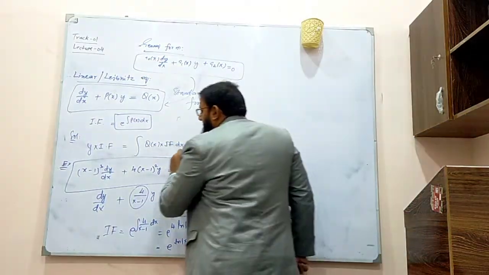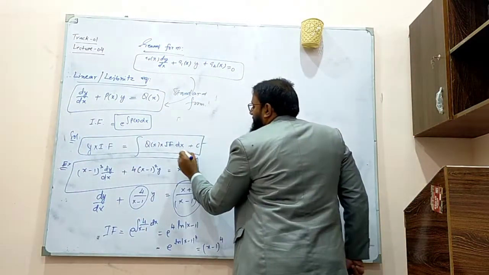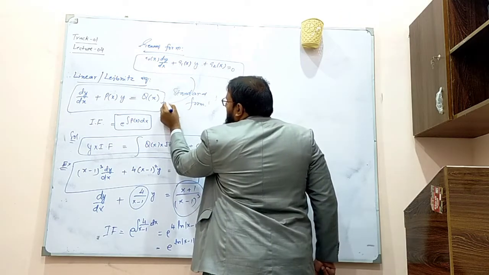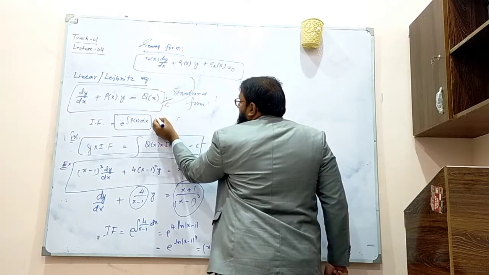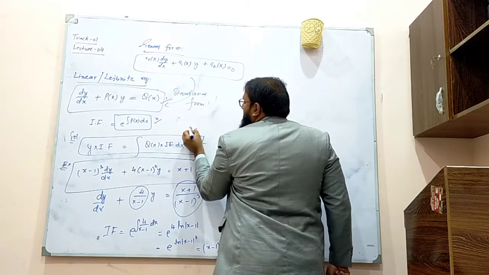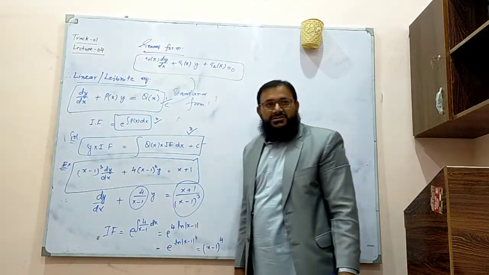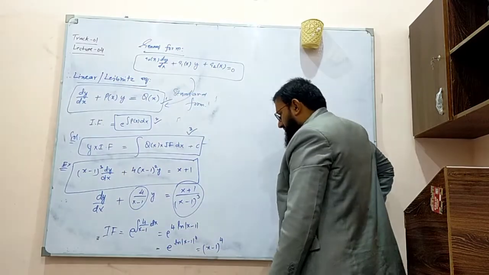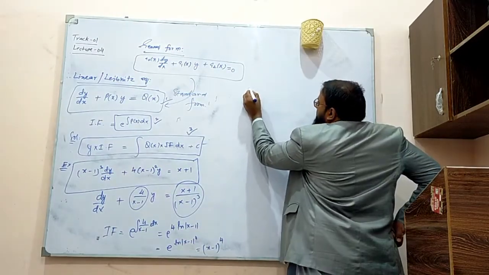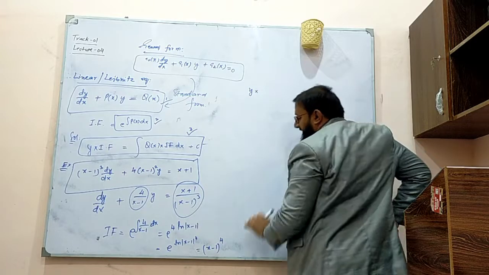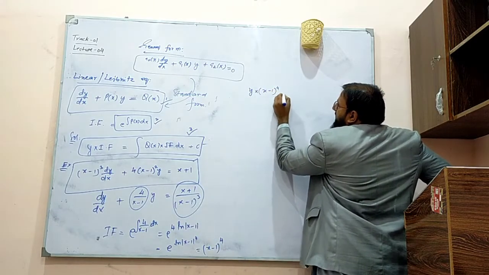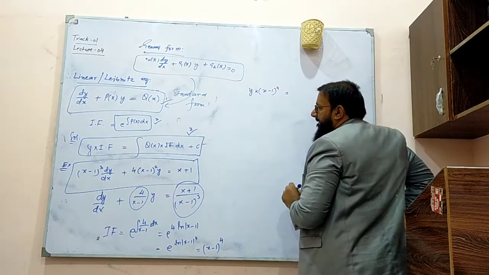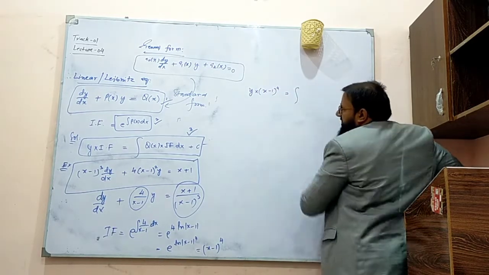You just substitute everything in this formula. You should memorize this standard form structure. Integrating factor, this is the first thing, this is the second thing, and the third thing is the formula. Yes, sir, that's all. So the solution is y times the integrating factor, that is (x minus 1) whole power 4, equals the integral of q of x.